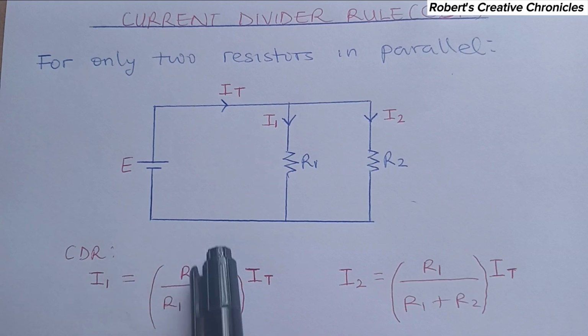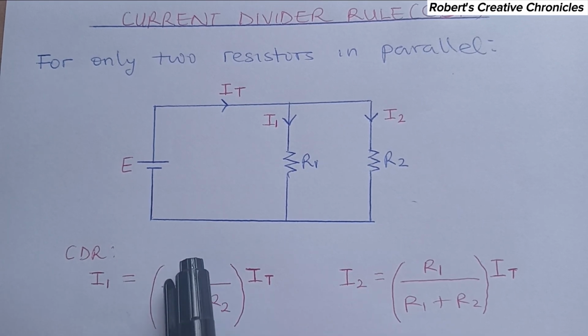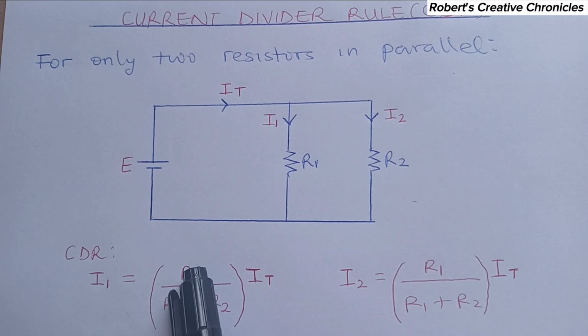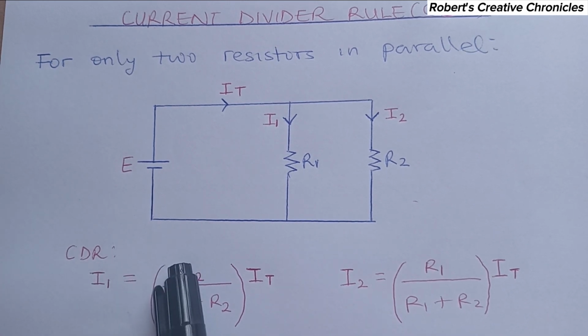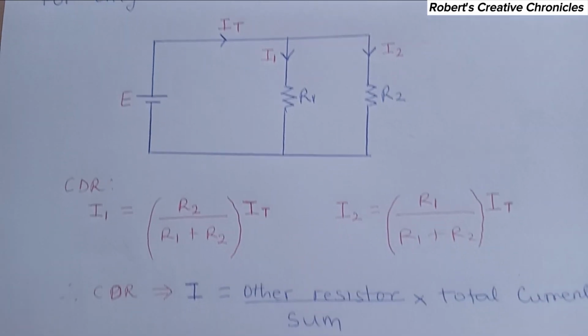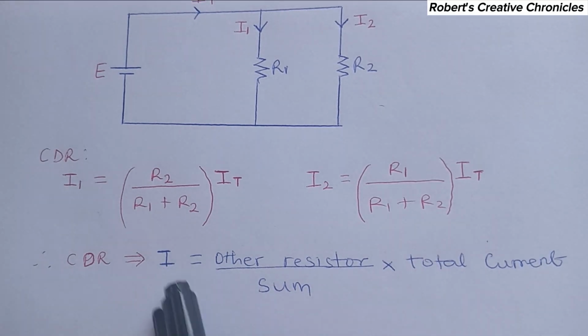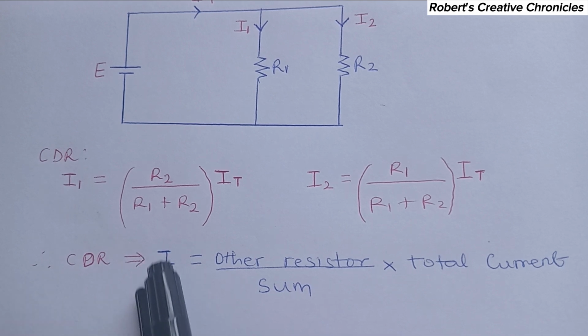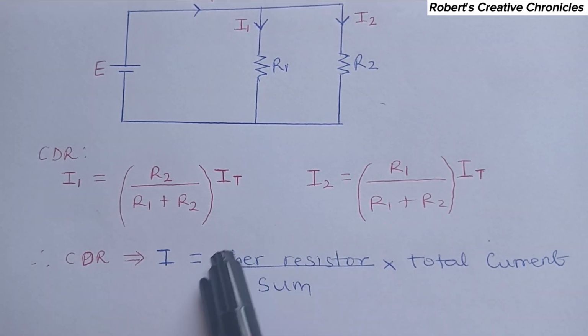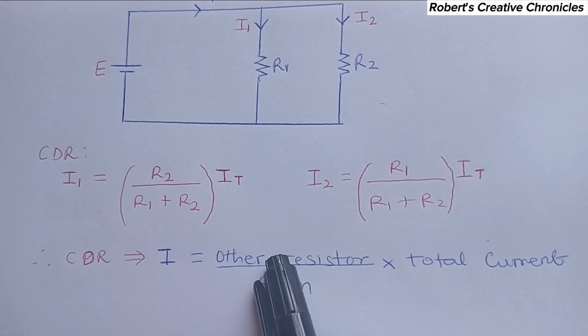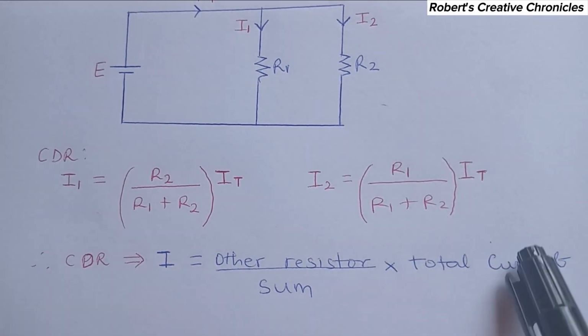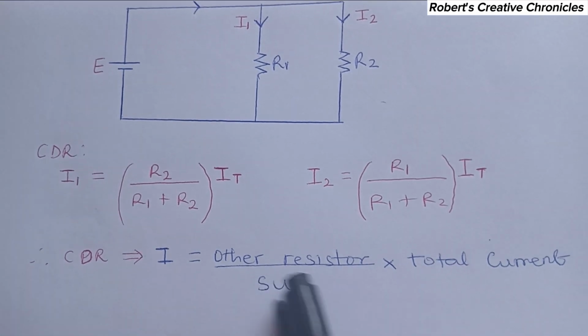So the numerator will contain the other resistor, not the one you want to find the current in. In other words, the current divider rule is given by I is equal to the resistance of the other resistor multiplied by the total current over the sum of the resistances of the two resistors.